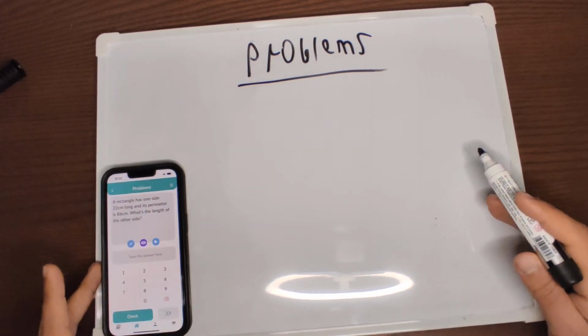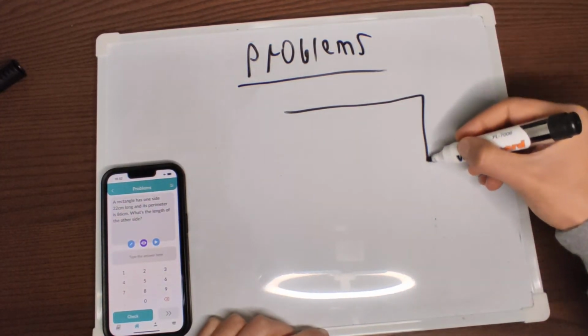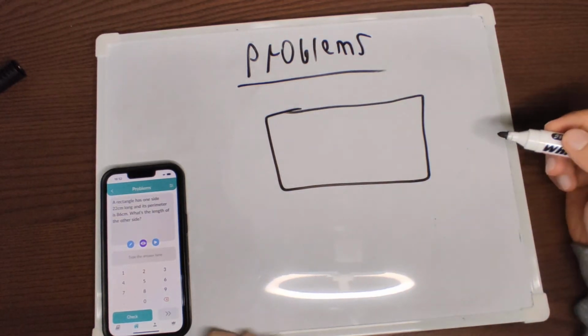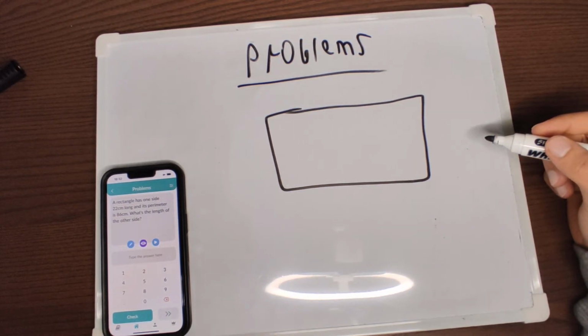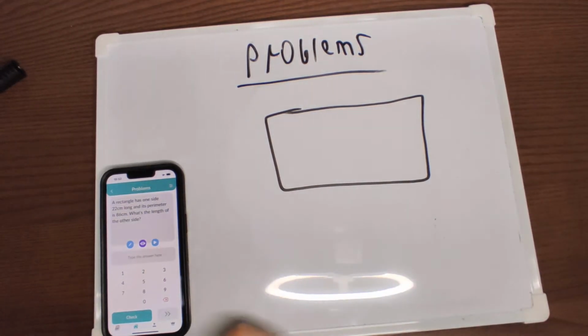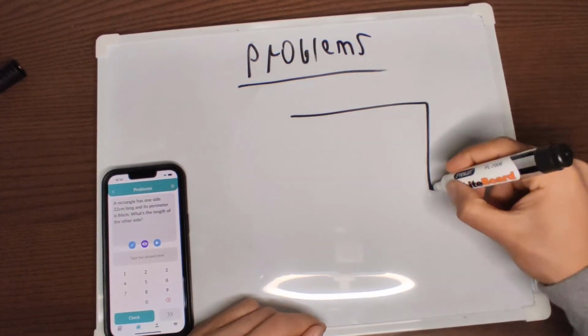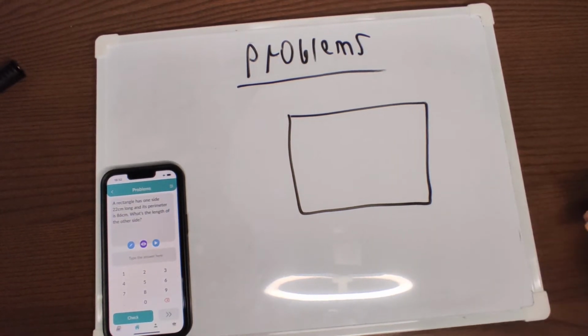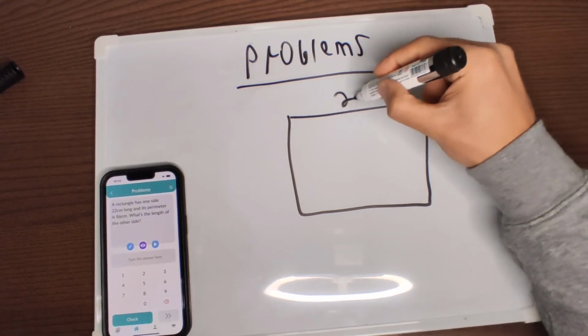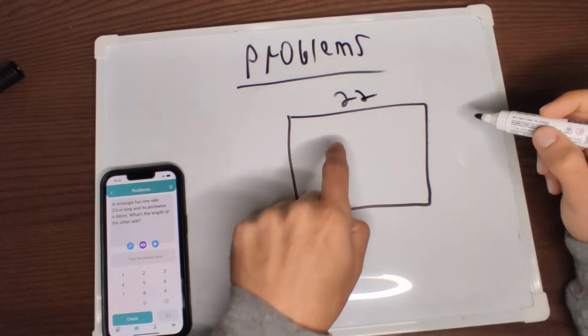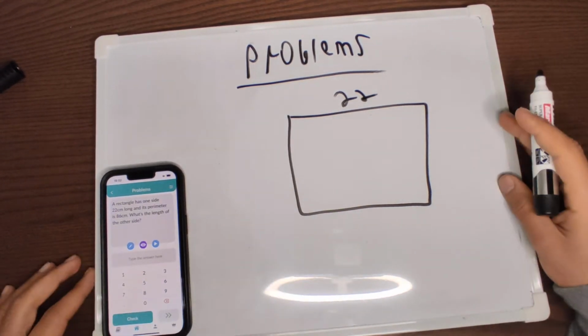So a rectangle has one side of, actually I want another rectangle. Let's take this rectangle. Alright, so a rectangle has one side of 22 centimeters long.